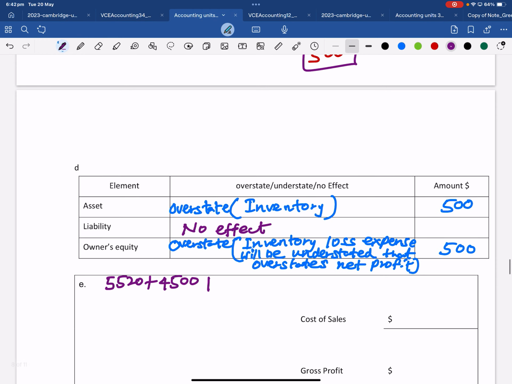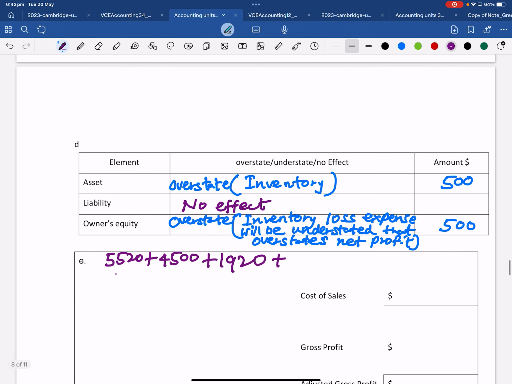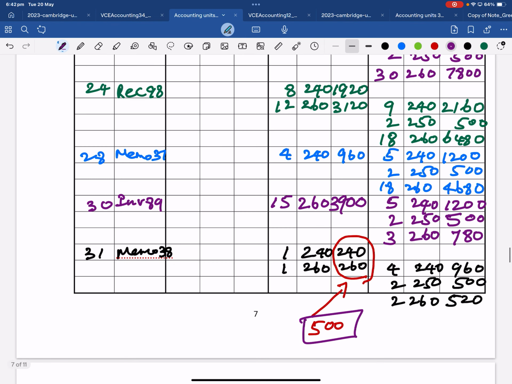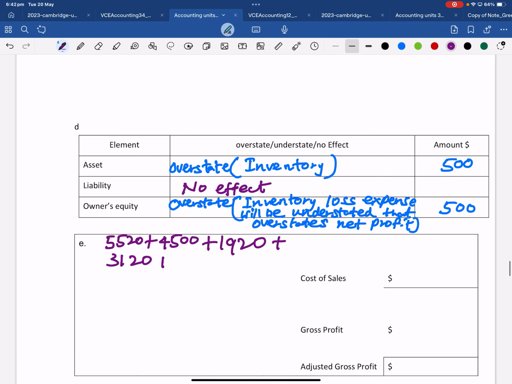So you add them. 1920 plus 3120. Right. Anything else? Yes. What is it, guys? 30th? 3900. Okay.